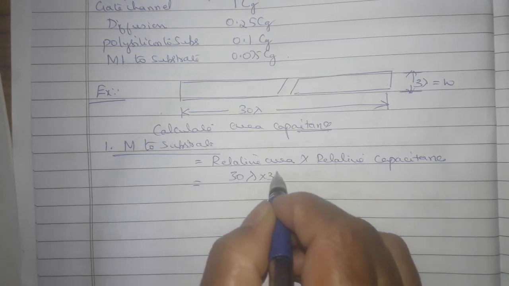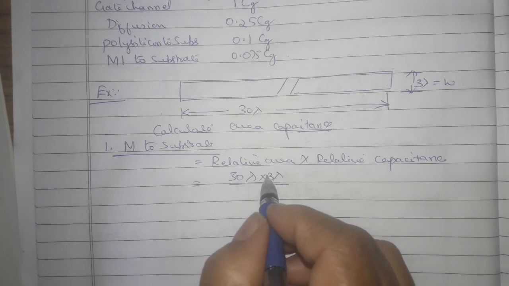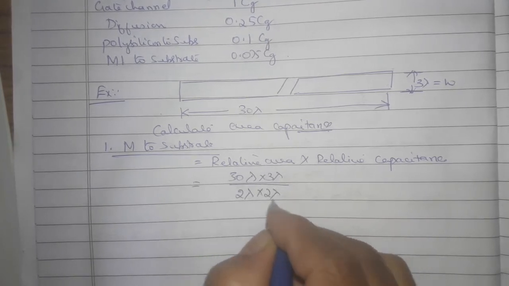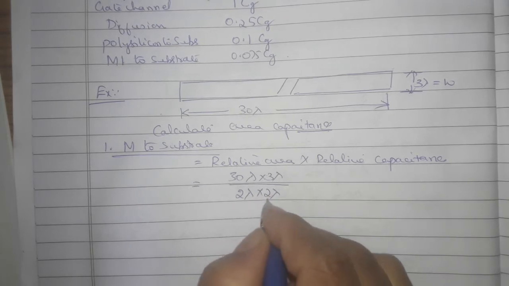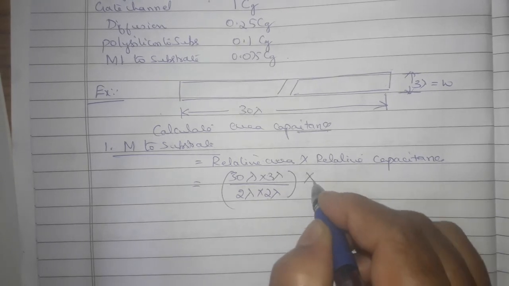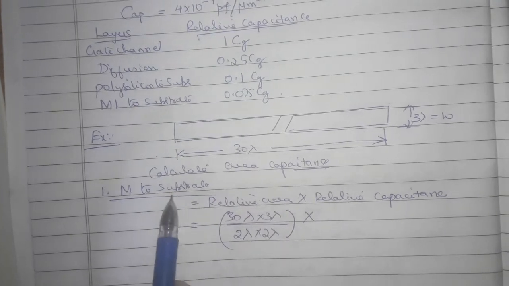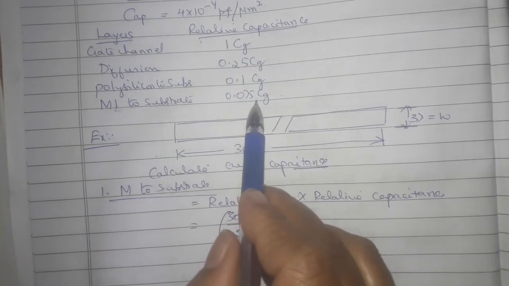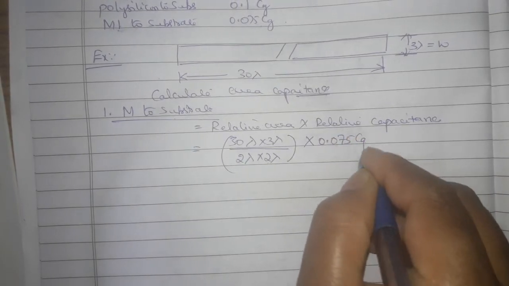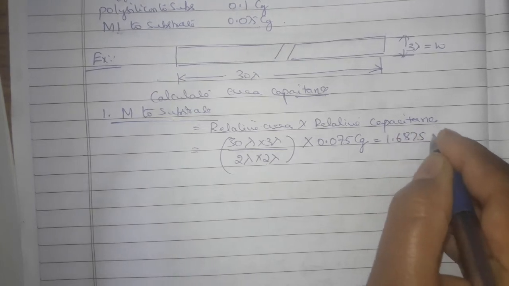30 lambda into 3 lambda divided by, since I am talking about relative area, a standard 2 lambda by 2 lambda. This denominator remains constant for all layers when calculating the relative area. This relative area into the relative capacitance, for metal to substrate, is 0.075 Cg. When you calculate all this you get 1.6875 Cg.